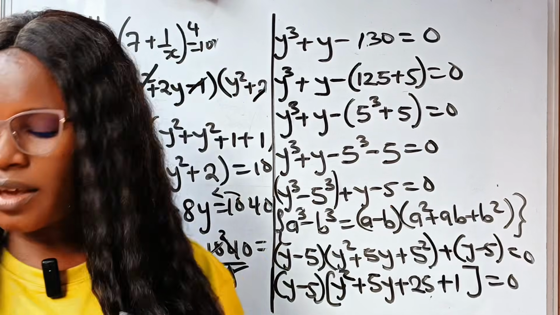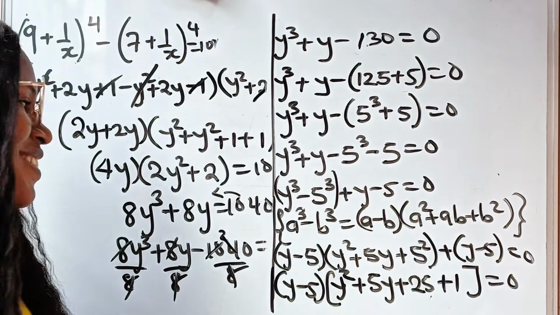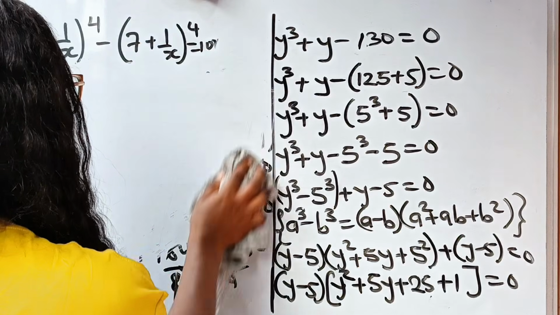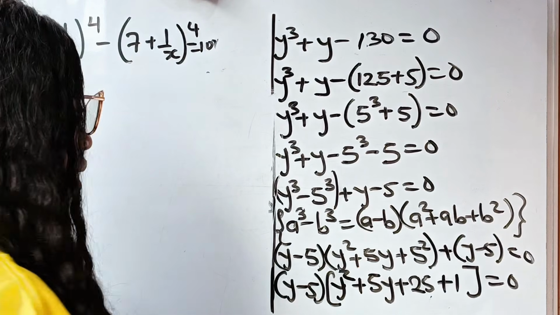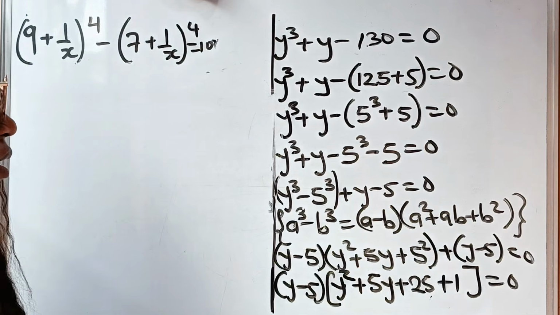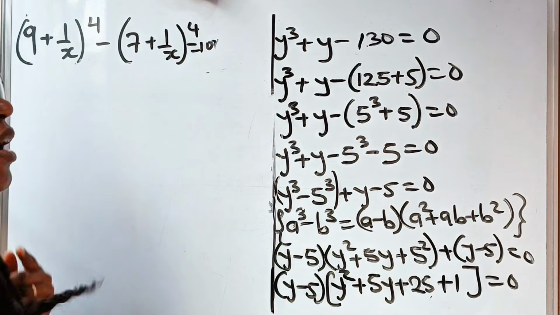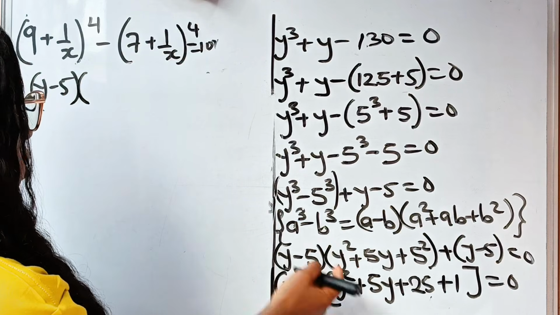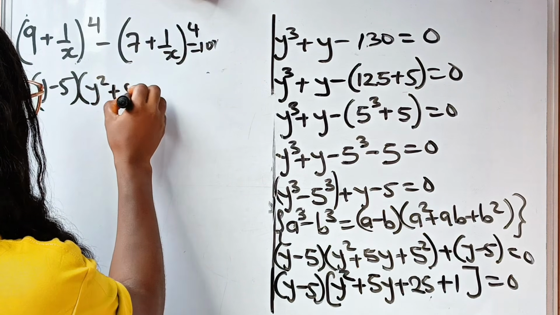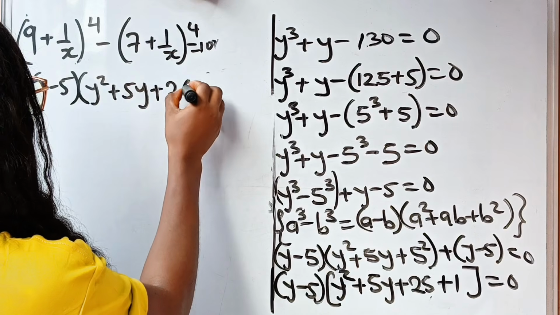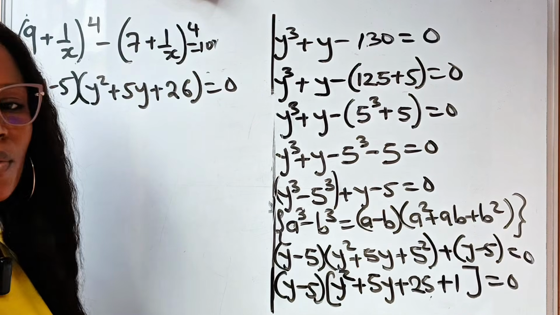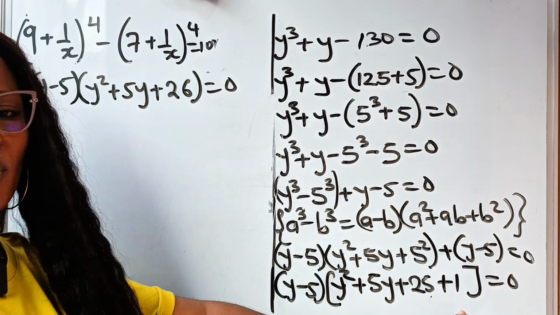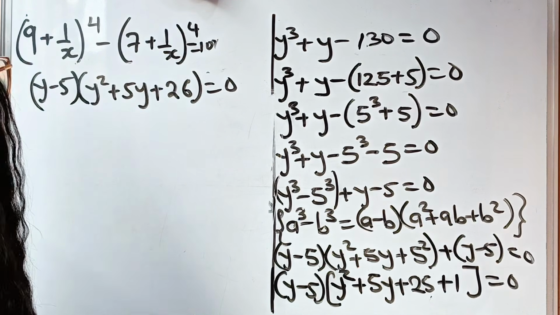We are almost close to the solution. Now, if we solve further, we have y minus 5 into y squared plus 5y plus 26 is equal to 0. Yes, that is because 25 plus 1 is 26.